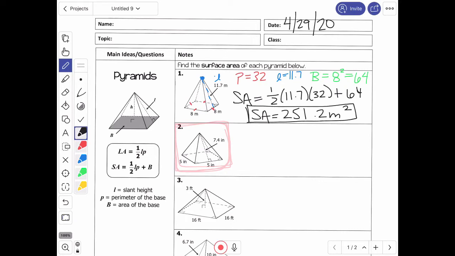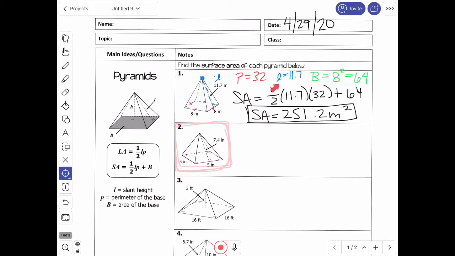Okay. So again, my perimeter was just taking all of the sides of the bases and adding them together. And a lot of these you're dealing with a square base. If it only tells you 2 of the sides, you're just going to know that it's a square base because the opposite sides should be congruent to each other, just like in number 2, also number 3.